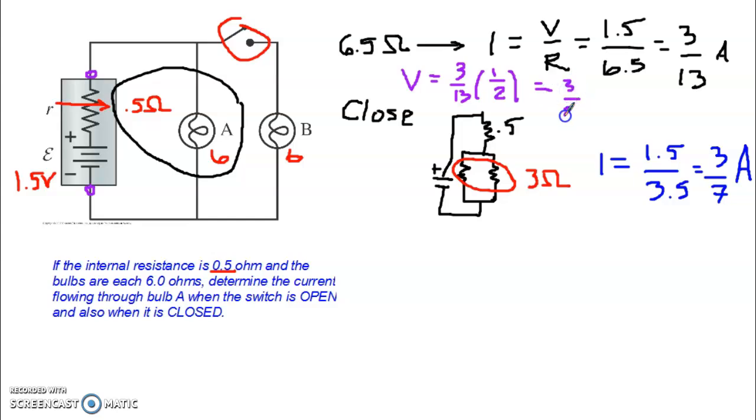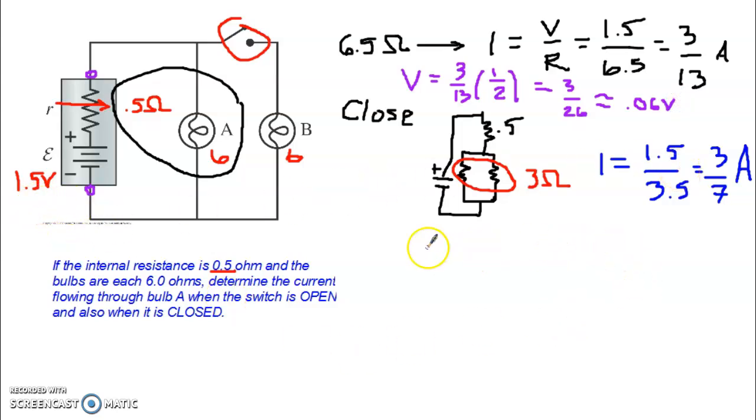That doesn't sound like a lot, but you have to remember that this is approximately 3/25, which is about 0.06 volts. So that doesn't seem like very much voltage difference from this 1.5.